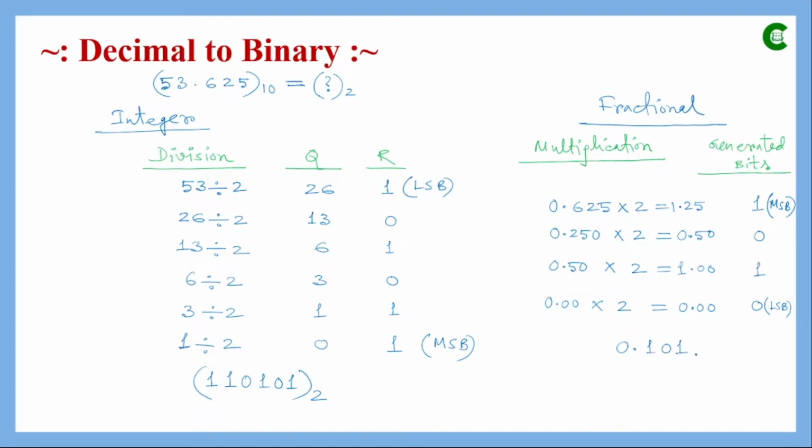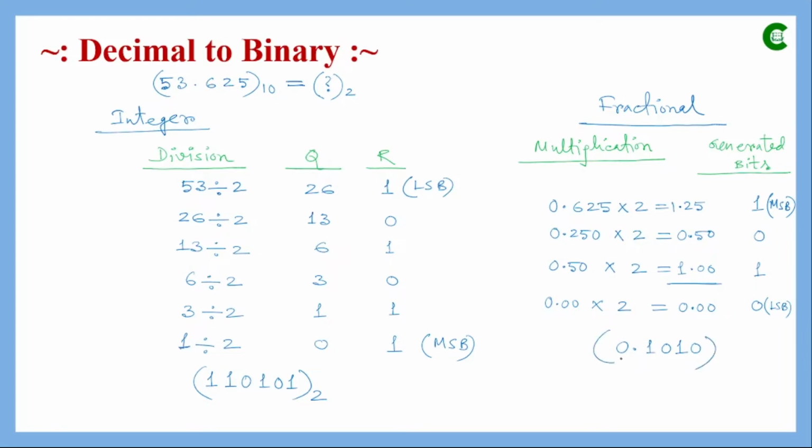And finally the LSB is again 0, and since after the decimal point a 0 at the last position doesn't contribute anything, even if we stopped our multiplication here itself, that didn't create any difference in our result, because we are getting 0 only at the last position of the fractional part.